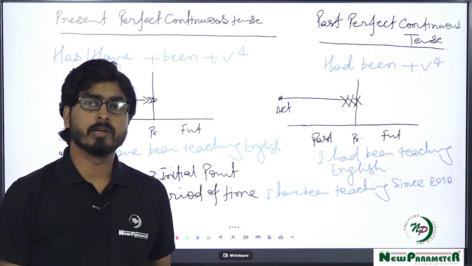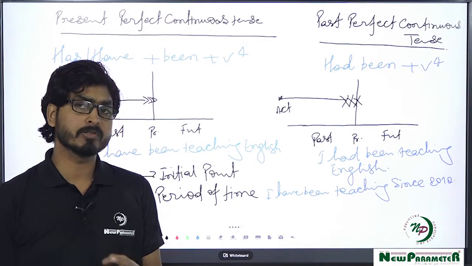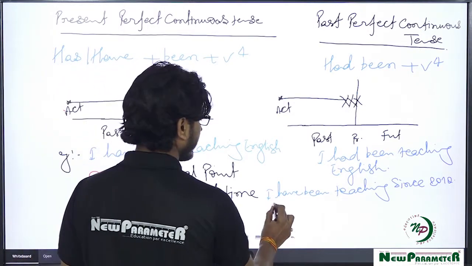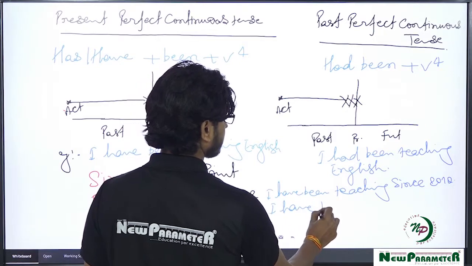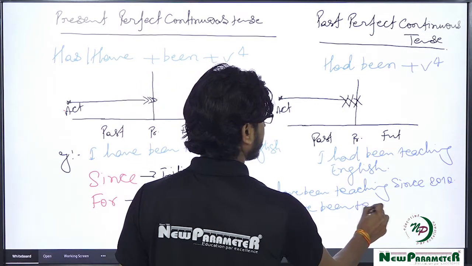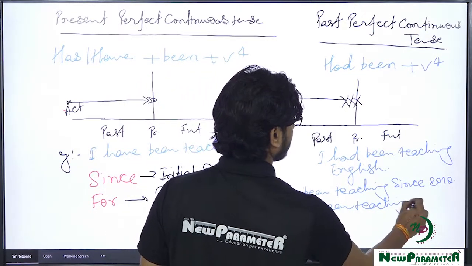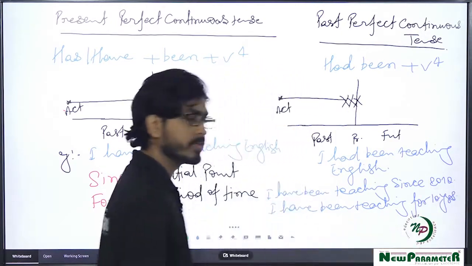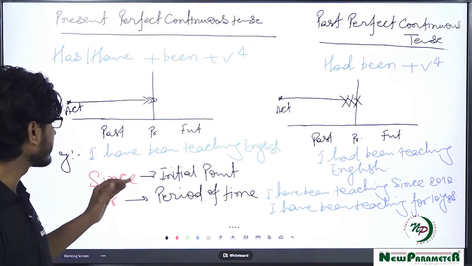A starting point. And what happens if I want to show the length, period? So I must write here, I have been teaching for 10 years. So this is the basic difference between, you can say, since and for.